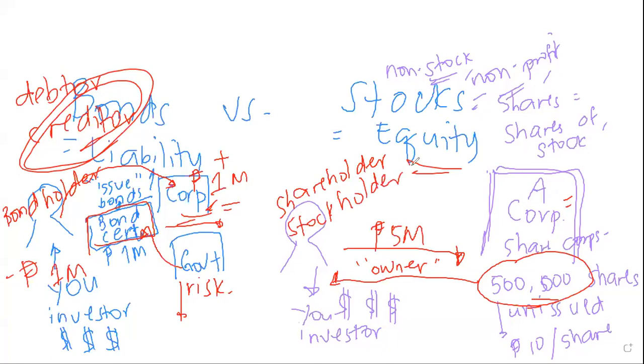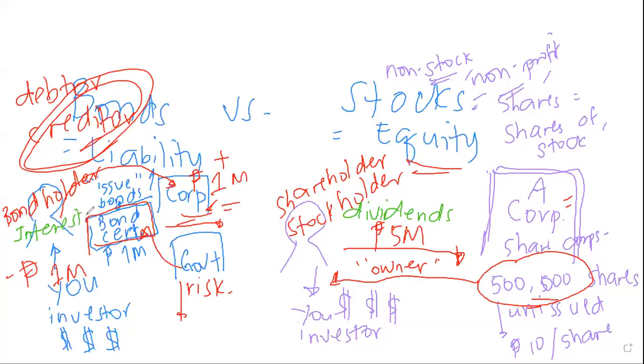Now, how do you earn income man? Through buying stocks or shares. Take note, under the Corporation Code of the Philippines, stock corporations are not obliged to give dividends every year. Okay, so as a shareholder or a stockholder, you earn by receiving dividends. Here, as a bondholder, you earn by receiving interest.